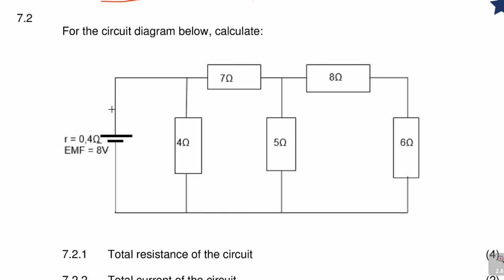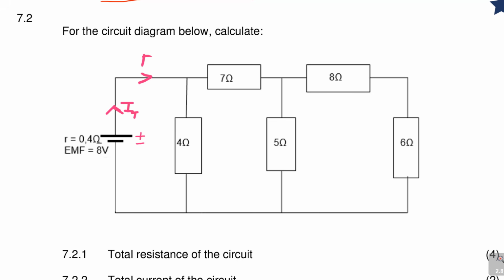If you followed my first lesson, I think you now know that I use conventional current. This is plus, this is minus. So this is my source, and current here is flowing in this direction. That's my IT. My current is going to go inside.